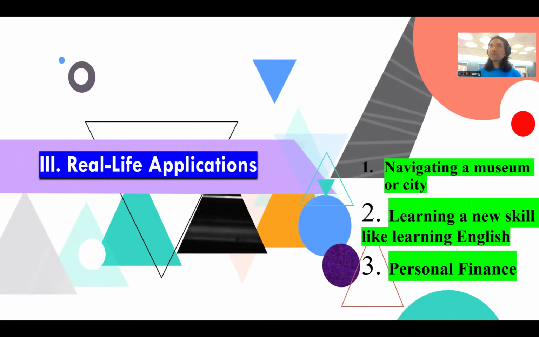If you know that images and pictures are worth more than 1,000 words, next time when you navigate in a museum or a city, try to use a map, right? And learning a new skill like learning English, okay?